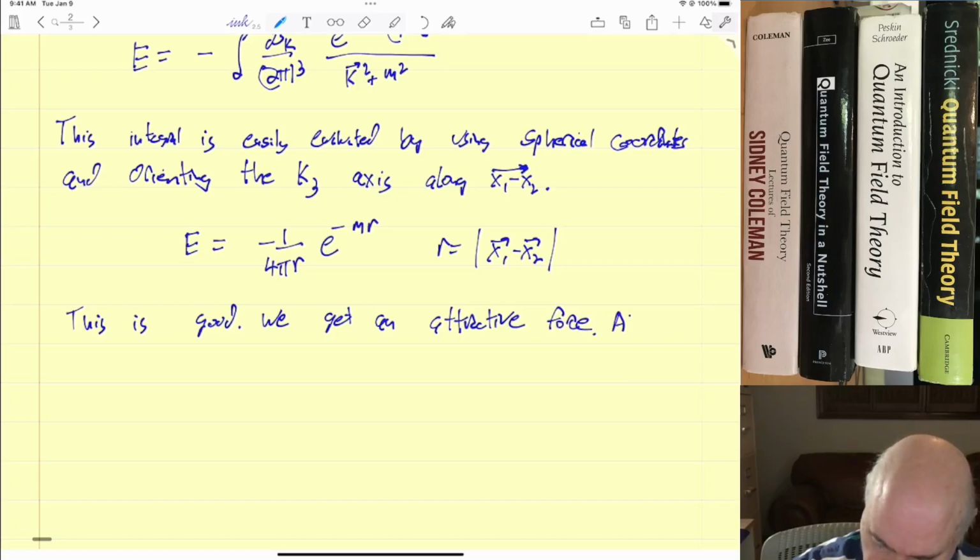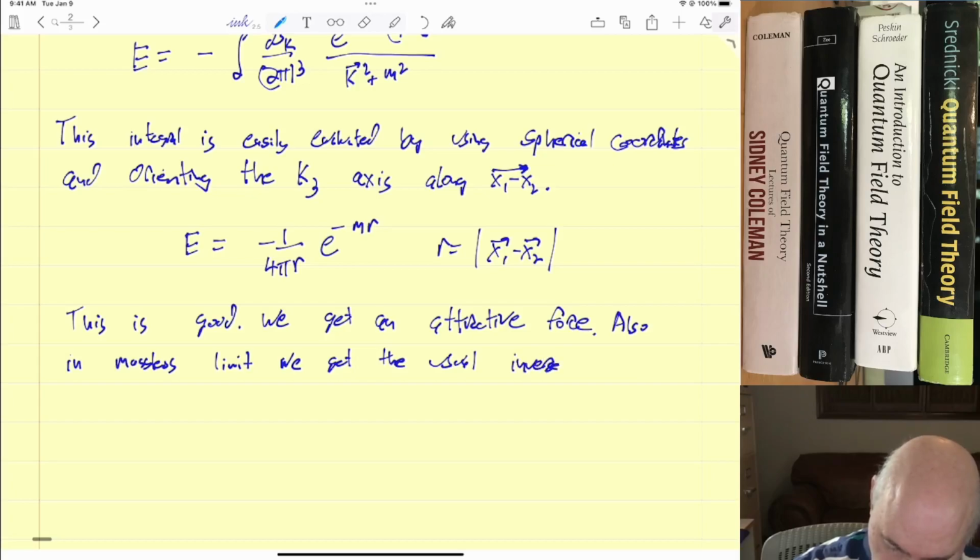Also, in the massless limit, we get the usual inverse square force.